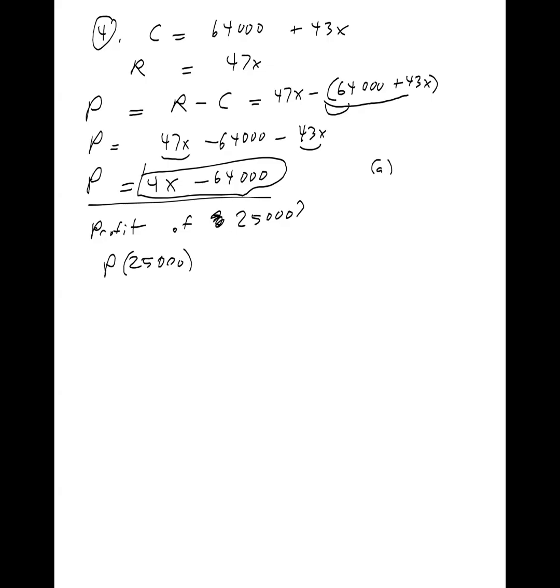So it's called P of 25,000. That would equal 4 times x, which is going to be 4 times 25,000 minus 64,000. So that's that 4x minus 64,000. 4 times 25,000 is 100,000. 100,000 minus 64,000 is equal to 36,000.